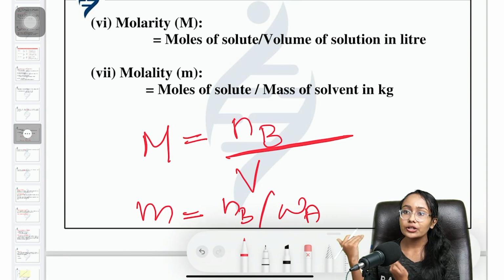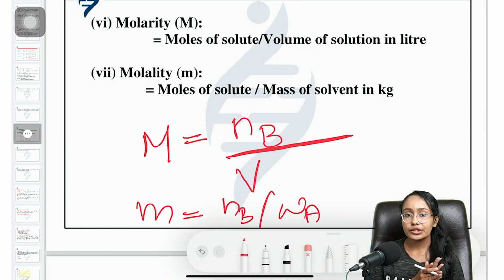If the temperature increases or decreases, there will be a change in the value of concentration. So that is called temperature dependent. So in molarity and molality, tell me which is temperature dependent and which is temperature independent.